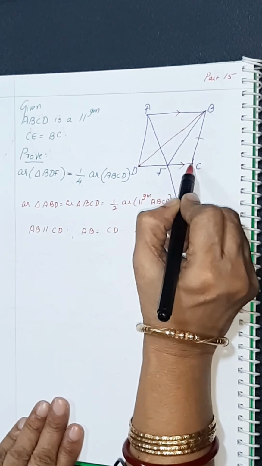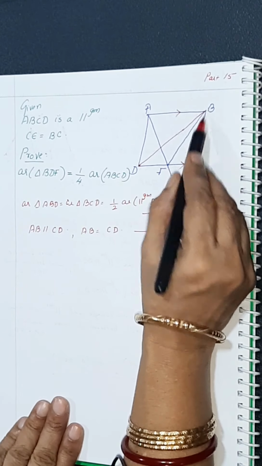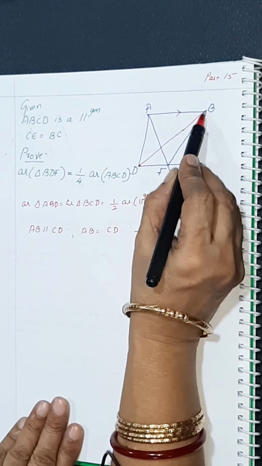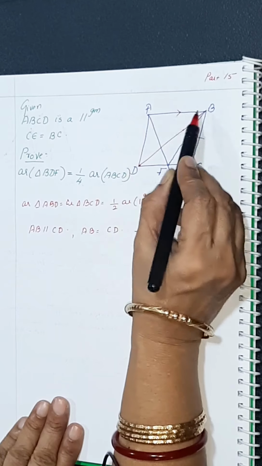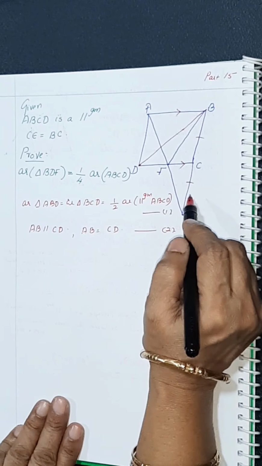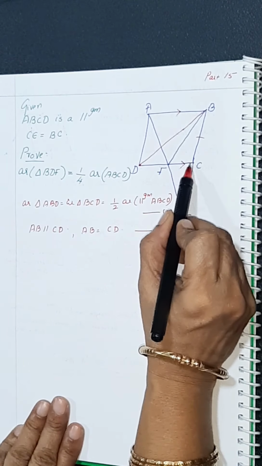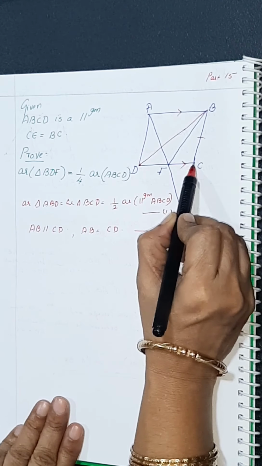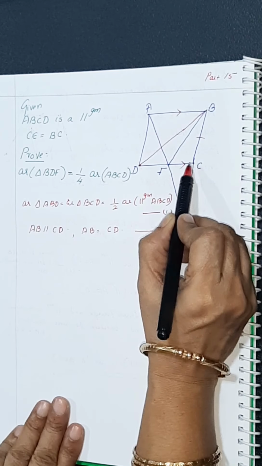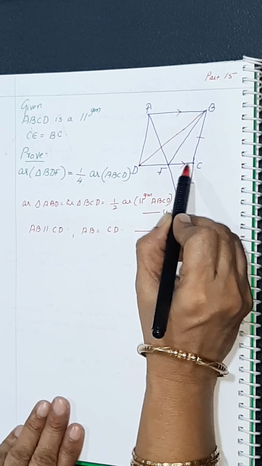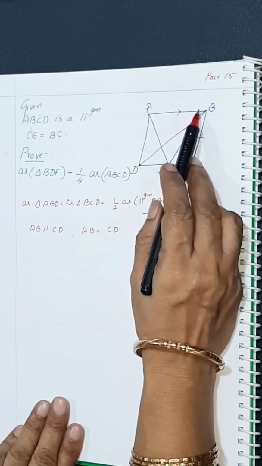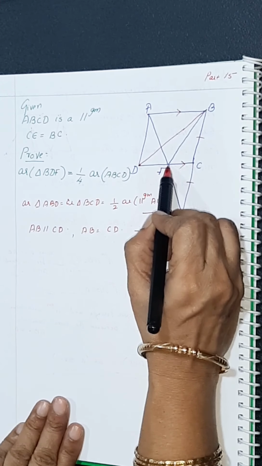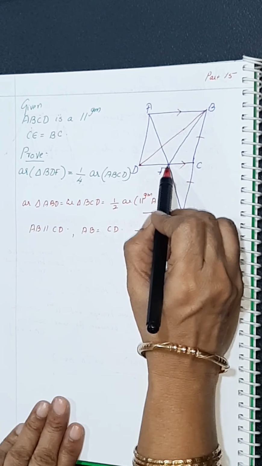Now here C is the midpoint of BE and CF is parallel to AB. So consider the triangle ABE and use the midpoint theorem. The midpoint theorem says if in a triangle a line passes through the midpoint of one side and is parallel to the third side, then it passes through the midpoint of the other side.